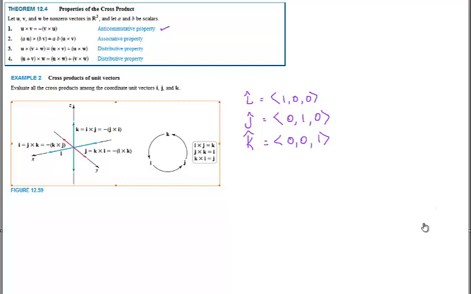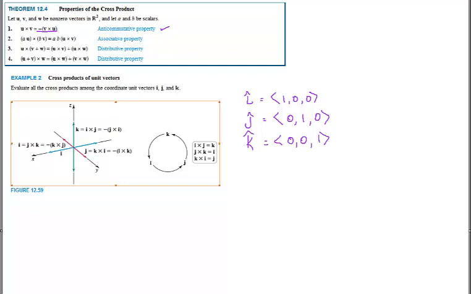If it's u cross v, your fingers go from u to v. If it's v cross u, your fingers go in the opposite direction, which is from v to u. So what happens is we get what's called an anti-commutative property. It just means that it's in the opposite direction.